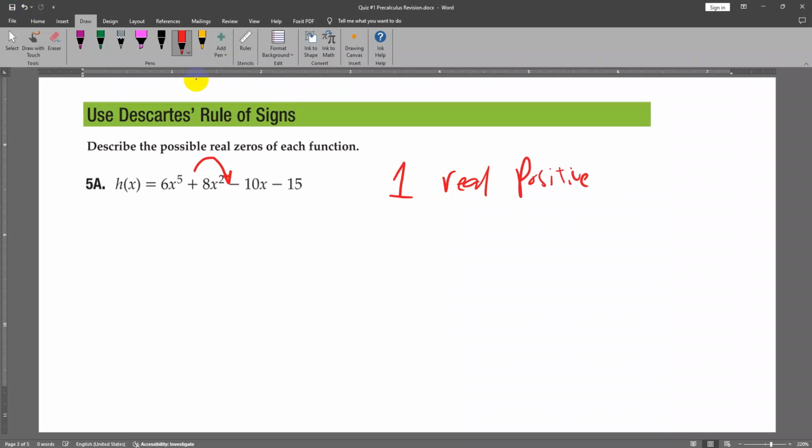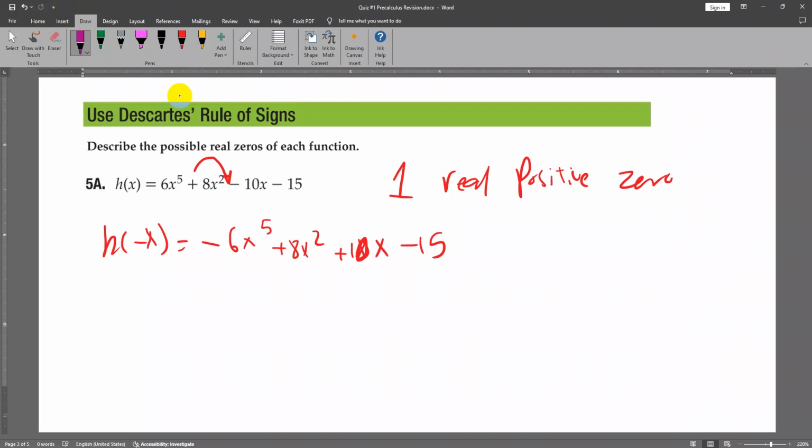And you have to get h of negative x. It will be -6x power 5 plus 8x power 2 plus 10x minus 15. Okay, and let's notice the change in sign: 1, 2.